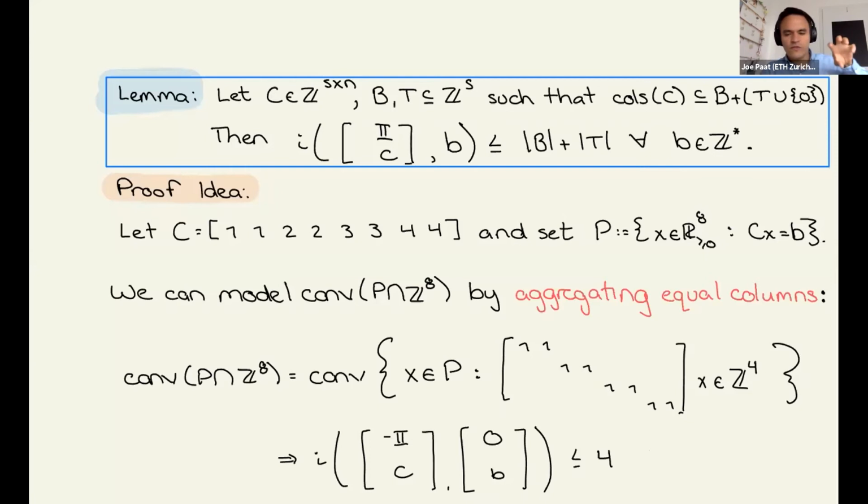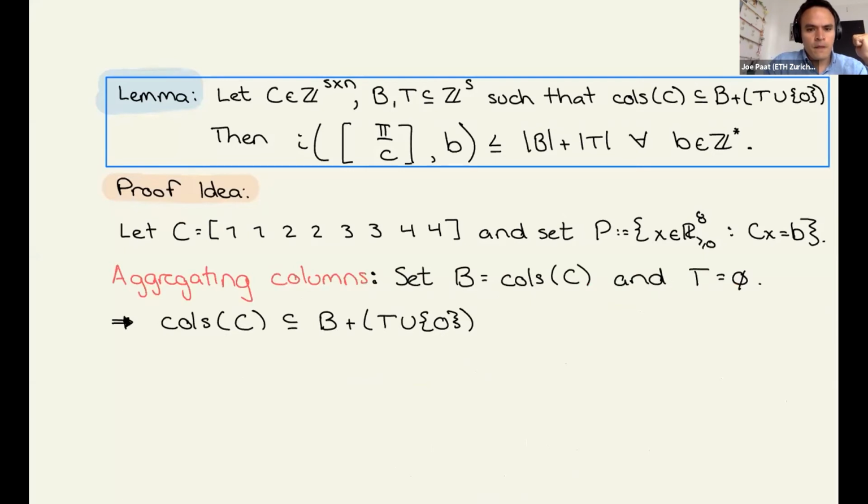But let me try to rephrase this variable aggregation from the point of view of this lemma. So let me re-argue this using the language that I set up in the lemma. Again, I'm going to choose my box B to be all of the distinct columns of C, and I'm going to set my translation set T to be empty. So of course, the set of columns is contained inside of this Minkowski sum.